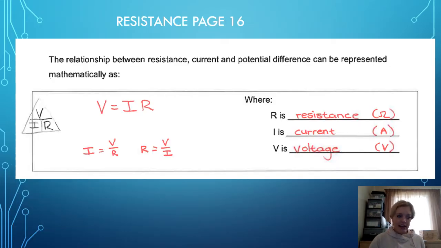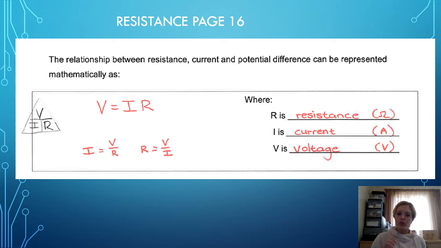Right underneath your Ohm's law definition, you will see a little box. That little box is the space where you're going to fill in the relationship between resistance, current, and potential difference. The maths of this are as follows. If I want to work out voltage, I'm going to multiply current and resistance.